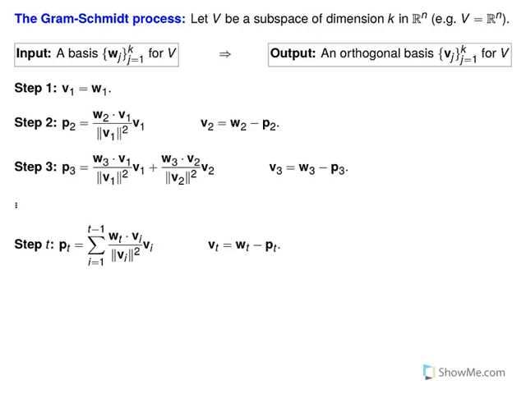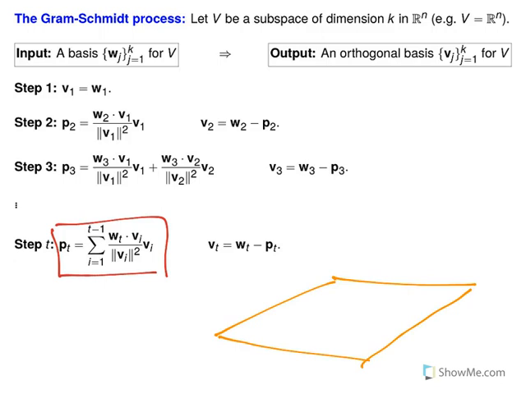So if we generalize to the t-th step, then the formula looks like this, and you can envision exactly the same kind of picture as before, where you have the space spanned by the previous vectors. So V(t-1) is the span of all the previous guys. And then we're given a new vector.